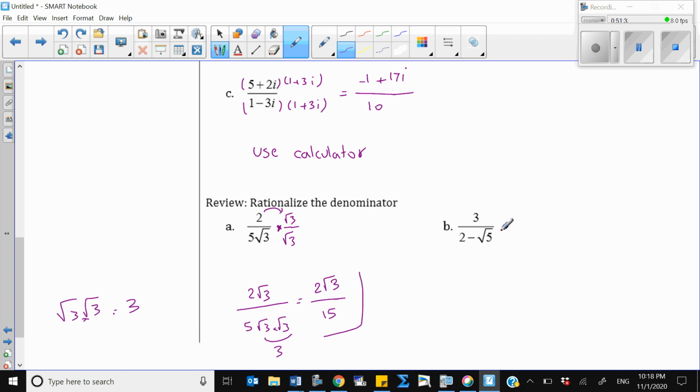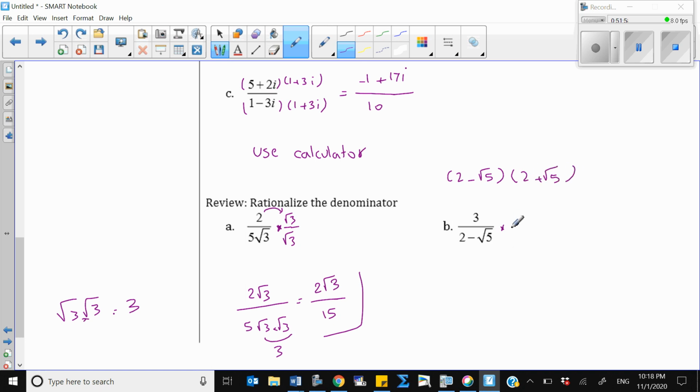Again, here I want to get rid of the radical in the denominator, but I have 2 minus radical 5. In this case, I need to multiply by the conjugate of this number, which is 2 plus radical 5.